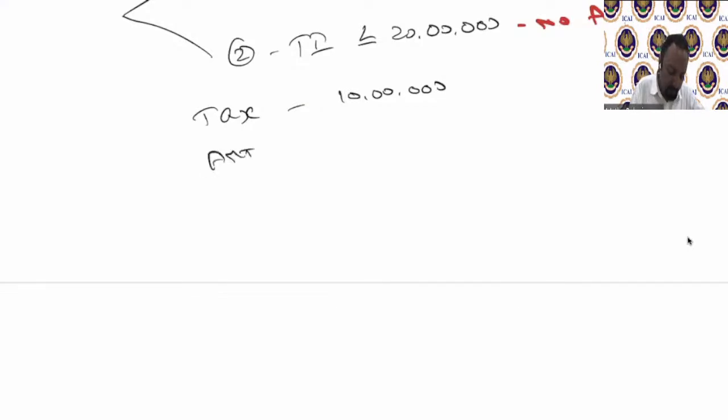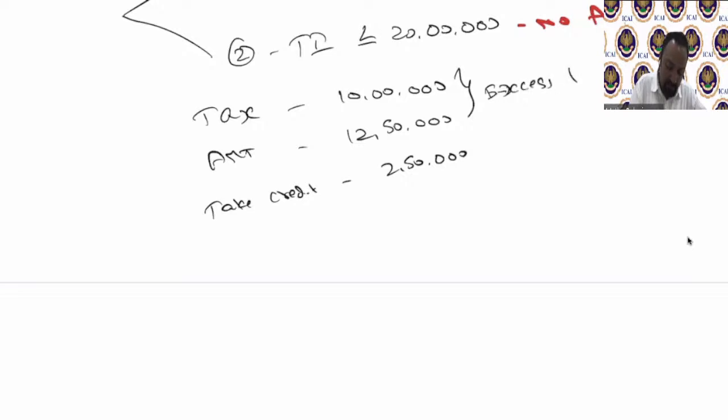My alternate minimum tax is 12,50,000. Now income tax says take credit for the 2,50,000, that is the excess tax. So calculate that and take credit for 15 assessment years.